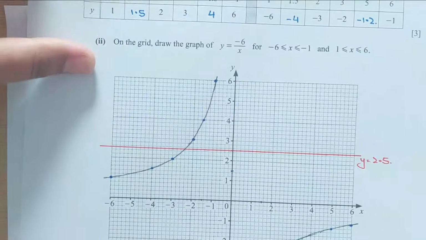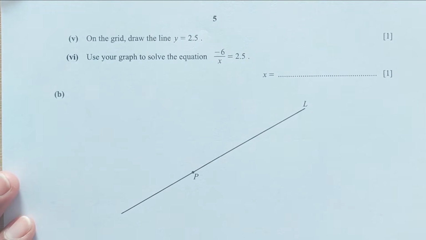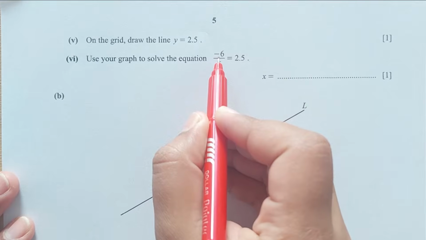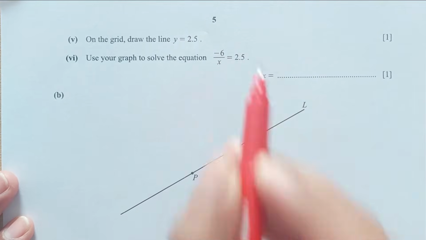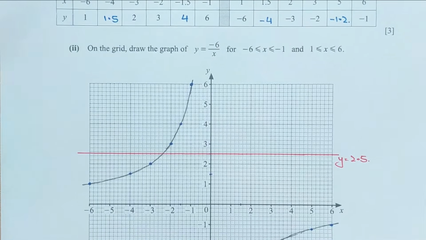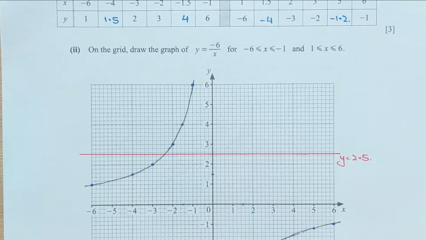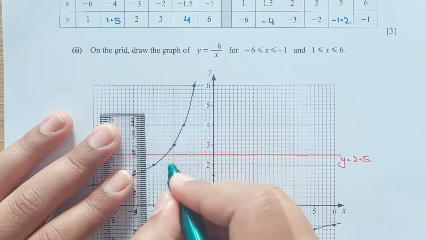The next part, number 6. Use your graph to solve the equation minus 6 over x equals 2.5. We have to use the graph. This is a curve and this is a line, so we have to find their point of intersection. Let me draw this point of intersection.